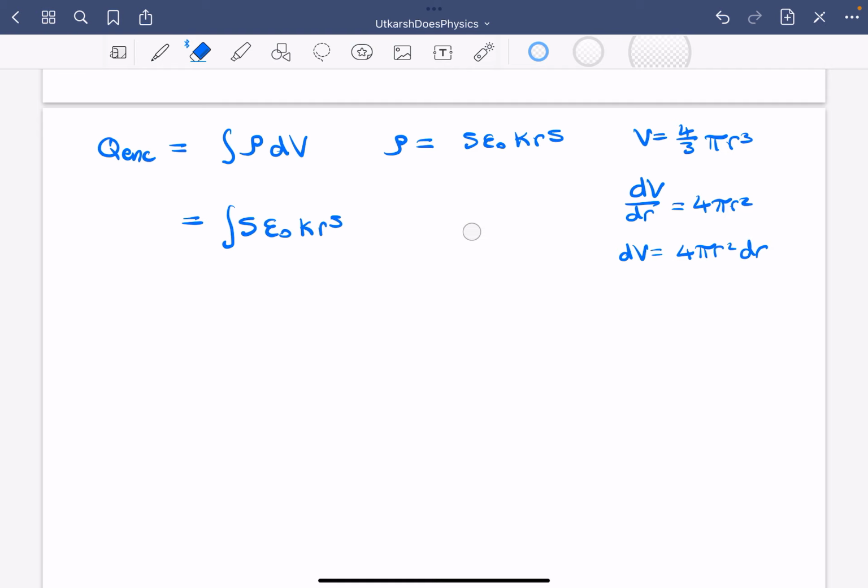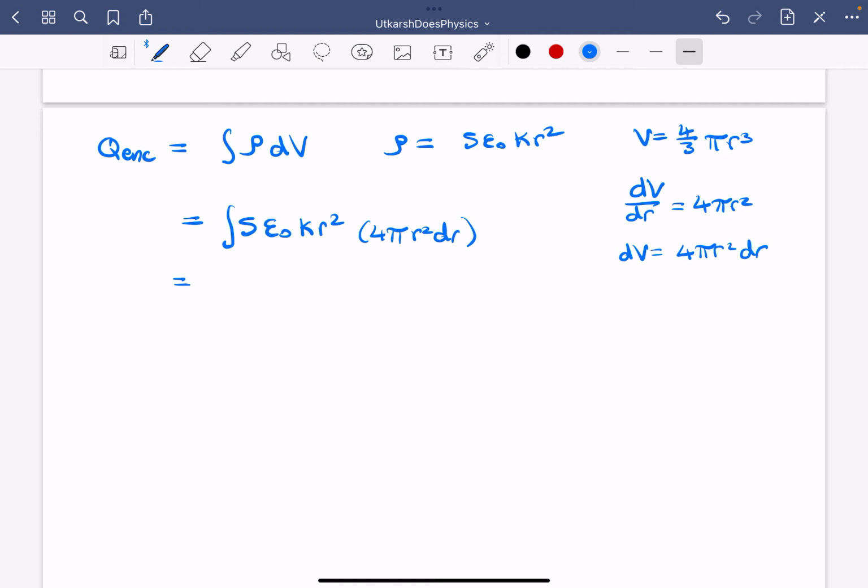Yeah, it's not right. Oh, no, that's right. dV is exactly equal to 4 pi r squared dr. And where I'm going wrong is I wrote the charge density wrong. This is actually a 2. So my apologies. And now we have all the terms that we need.